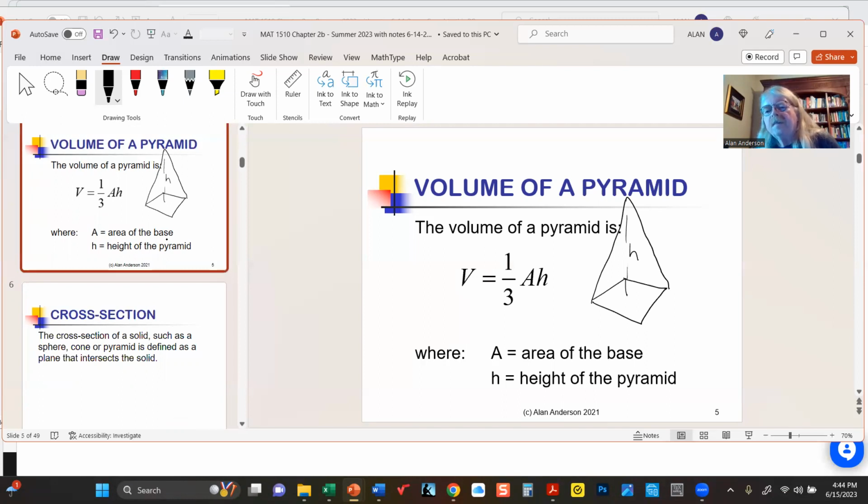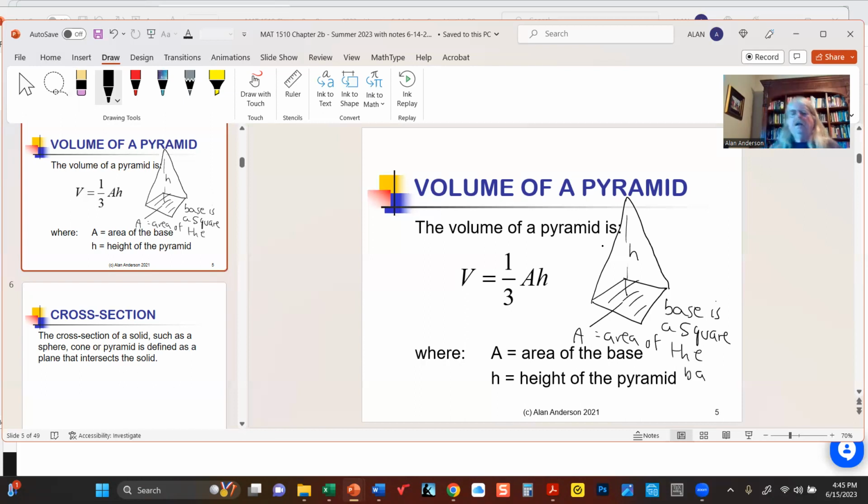What's different is that the base is a square, and that A is the area of that square, or the base. Okay, so those are some of the standard solids, they're called, that you might run into with these applications.